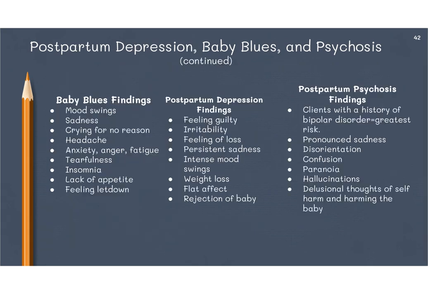So here I have it separated into all three of the different kinds of depression. We have baby blues, postpartum depression, and postpartum psychosis. These are the things that your patients are going to experience based on whatever one that they're in. What I want to make sure is that you guys are not making assumptions.